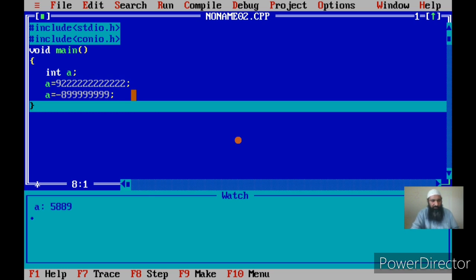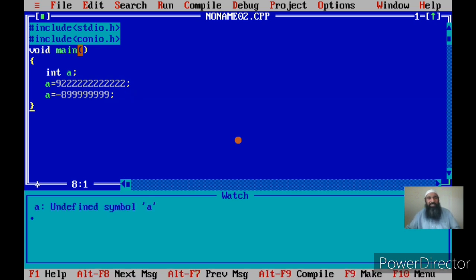But how do we overcome this overflow and underflow? There is a way by which I can increase the memory of a, or change the sign of a if I have to store only positive numbers. For that we use modifiers. I will take a separate lecture on that. But there is a way.